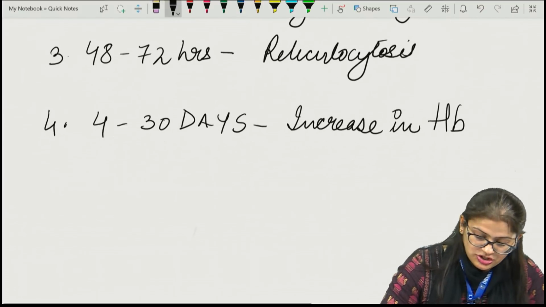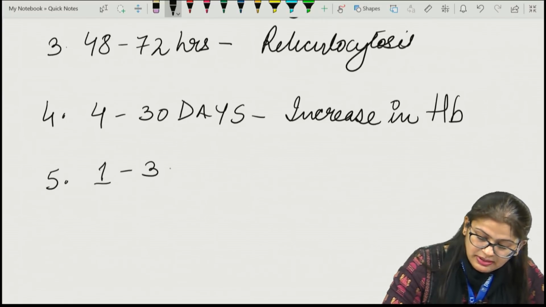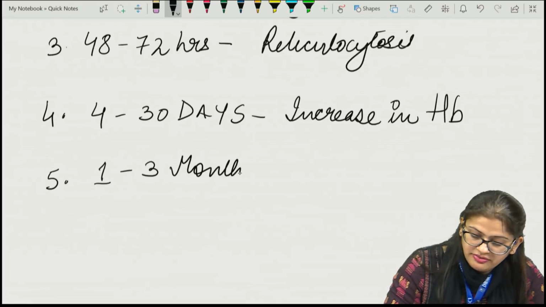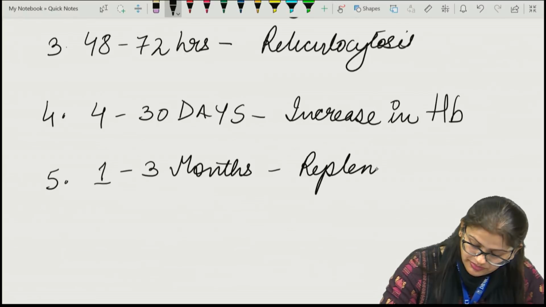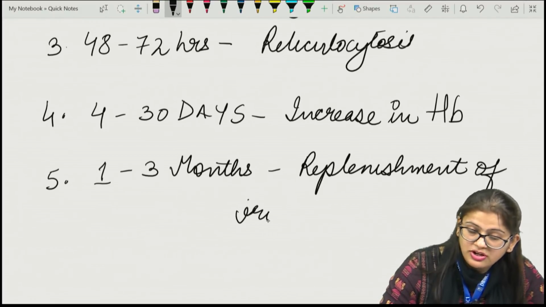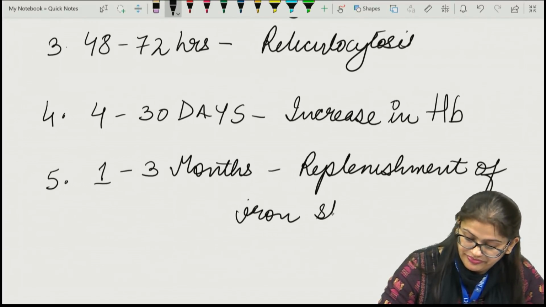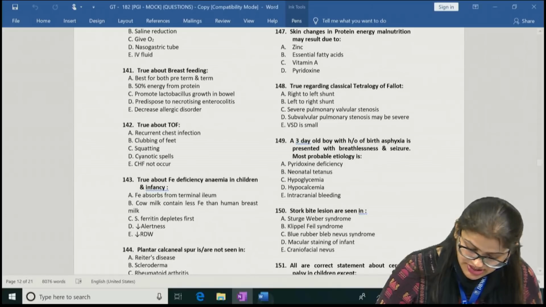An increase in Hb levels can be seen, and over a period of 1 to 3 months, the stores of iron will be replenished. Replenishment of iron stores will take 1 to 3 months. So this is about iron deficiency anemia.